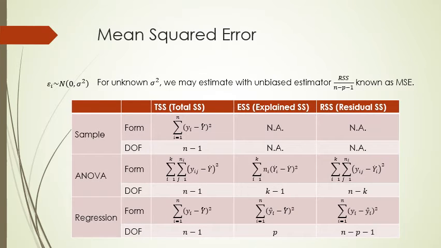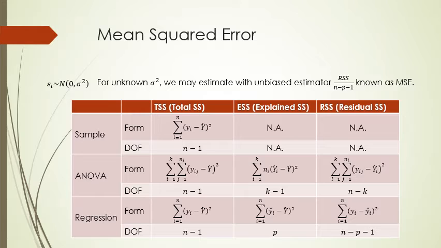After we have estimated the regression line using the least squares method, we may get the residual sum of squares. As discussed in Lecture 4, if the population variance sigma squared is unknown, then we may estimate it with the unbiased estimator S squared. For linear regression, we may do it similarly with S squared, defined as the mean squared error.